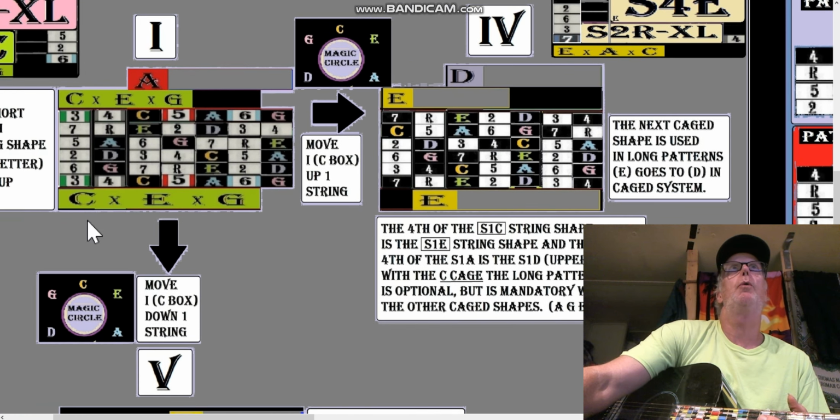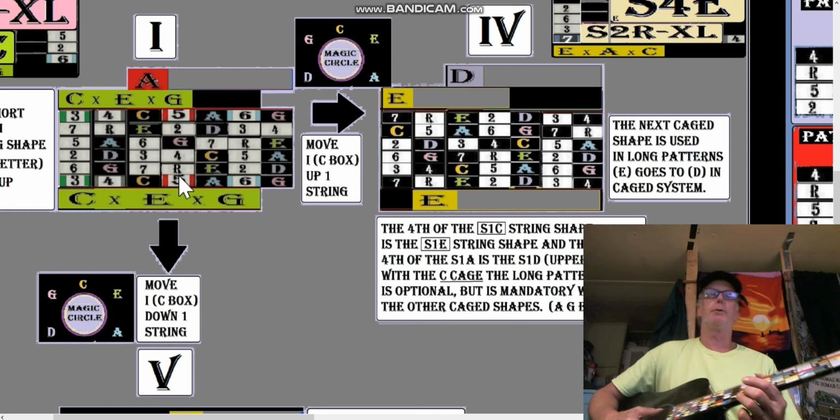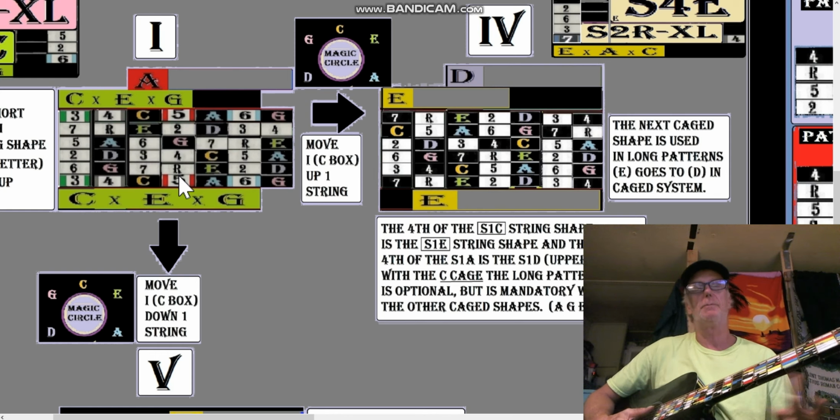Because we're going to go 1, 4, 5. C-shaped root, E-shaped fourth, G-shaped fifth. Where's that E-shaped fourth? Root 4, 6. Where's that G-shaped fifth? G-shaped fifth, 5, 7, 2. This is in the short pattern. We can do it with the short pattern first because I'm more familiar with that.